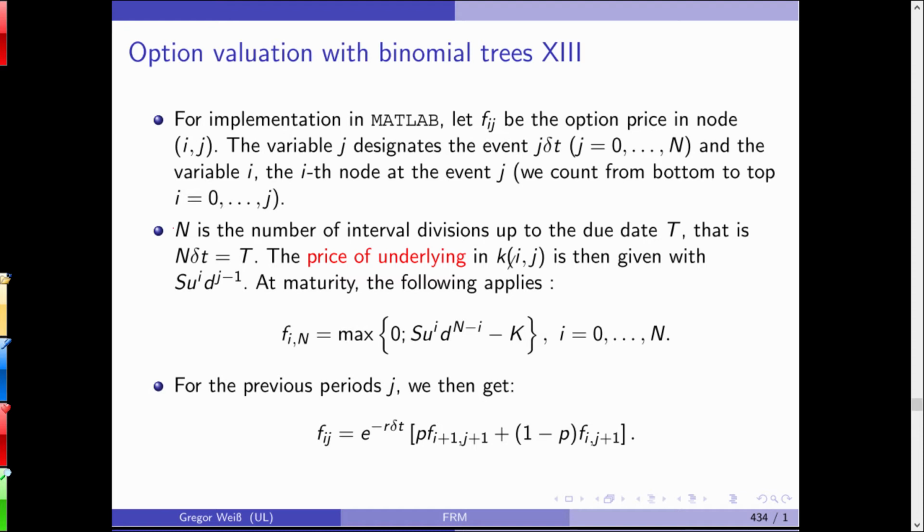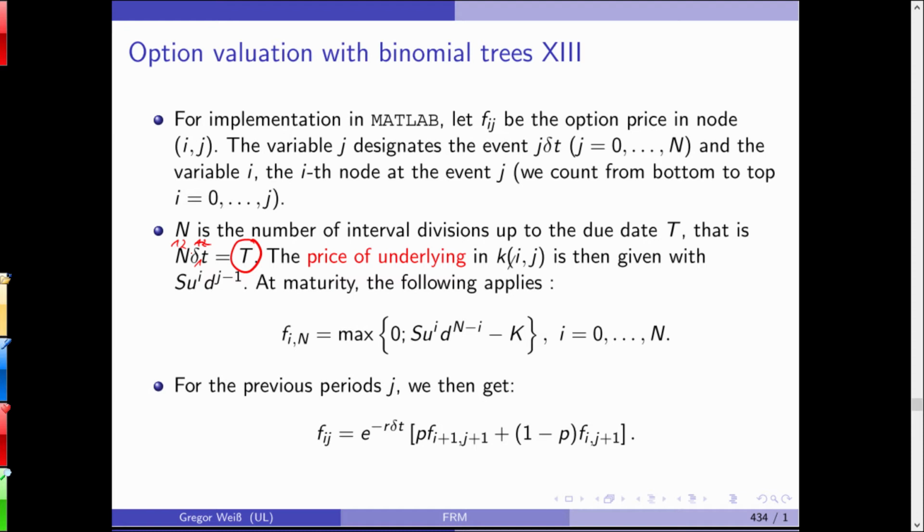Capital N is the number of interval divisions up to the due date T. That is, if we have 1 year and 12 months, this is 1 month, and capital N is 12. The price of the underlying is then given with S, the starting price of the underlying, i times up, and j minus 1 times down.